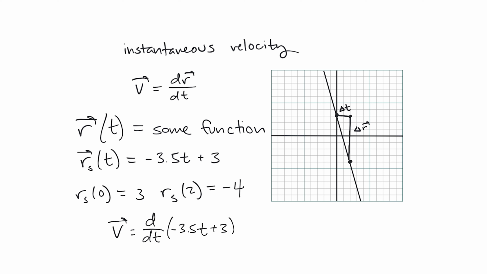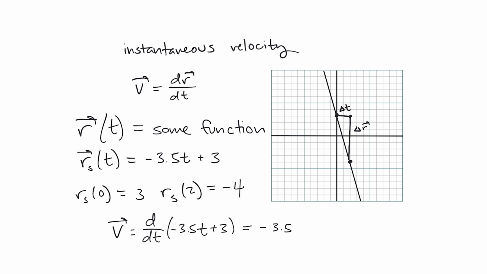And you should know by regular derivative rules that the derivative there is negative 3.5. If you can't do that derivative in your head, take a second, pause the video, and work the derivative out so you see that the velocity is in fact negative 3.5. And so we get this both through our original formula and through our instantaneous velocity formula.